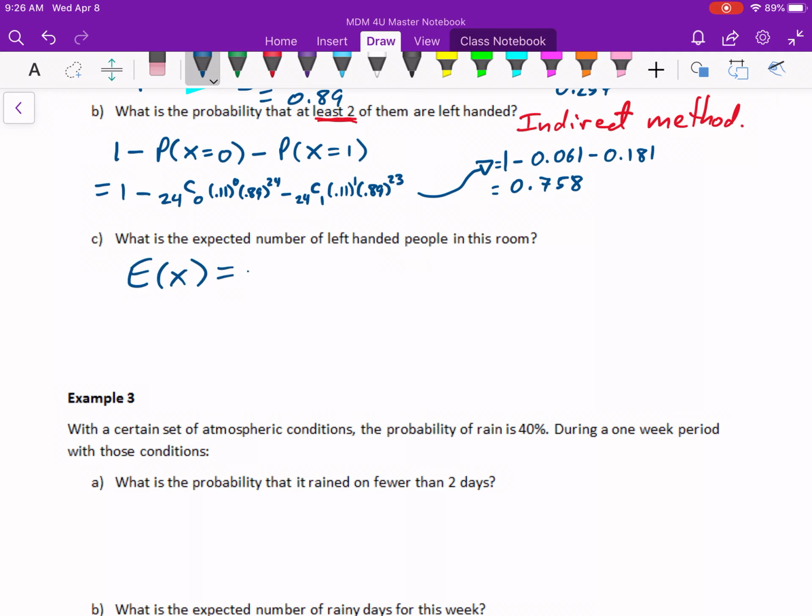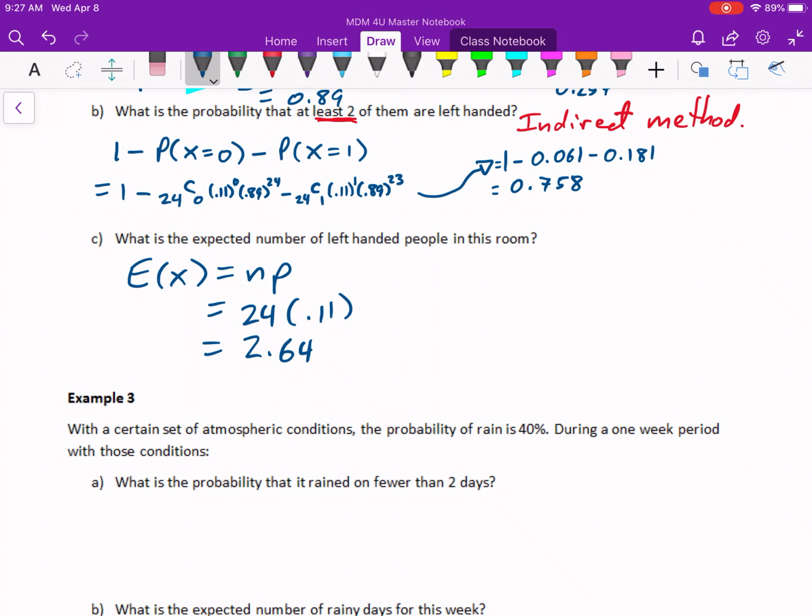You get x equals n times p. N we saw was 24. P was 0.11. That works out to be 2.64. So every time I take a group of 24 people and check them to see if they're left-handed, if I do that over and over with a whole bunch of groups of 24 people, I would expect on average to have 2.64 of them be left-handed.